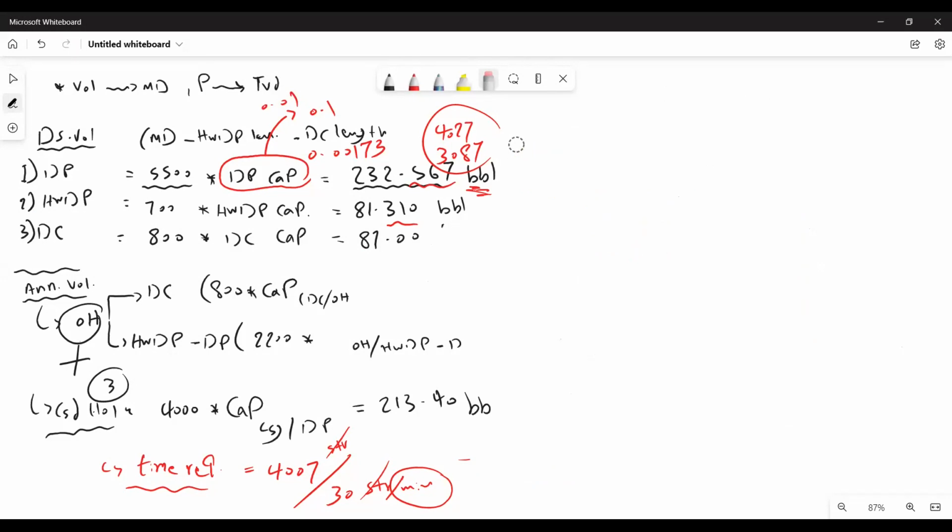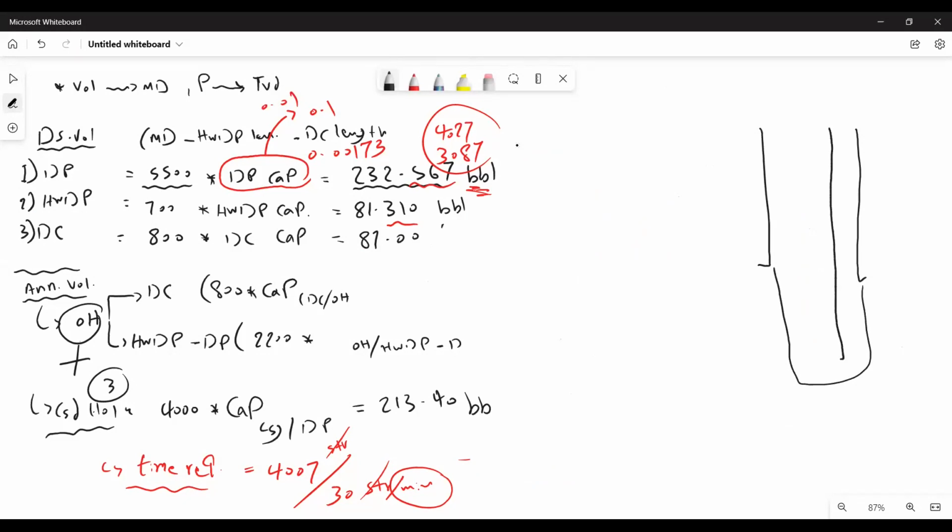So if we have our well like this, and here is the drill pipe, lined up to the pump. Let's say we're going to start to pump kill mud inside the well.